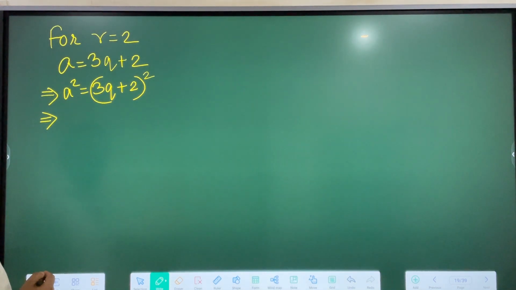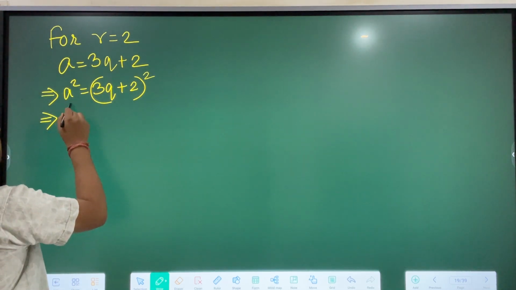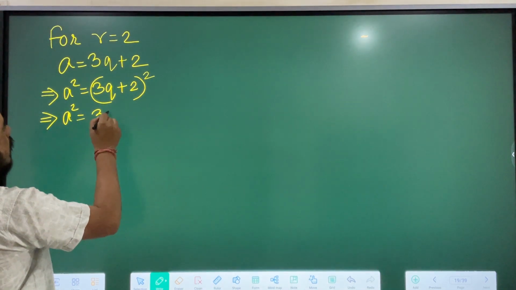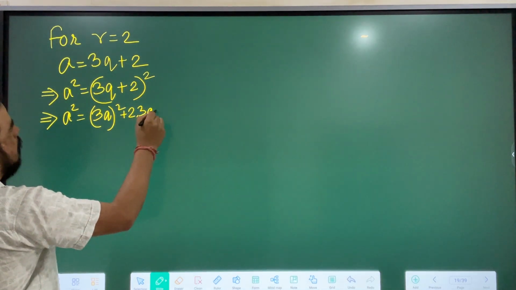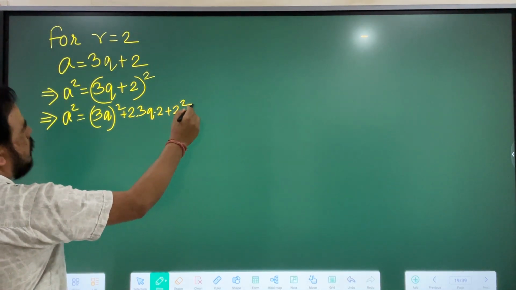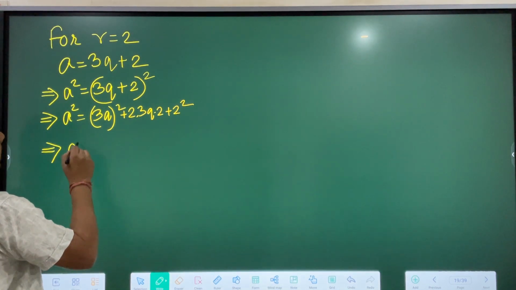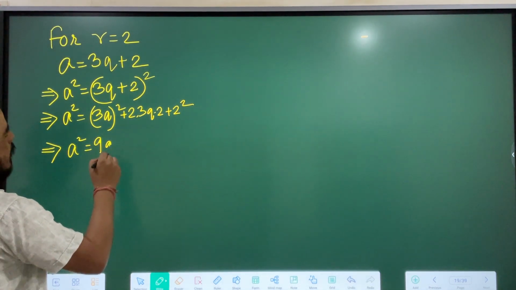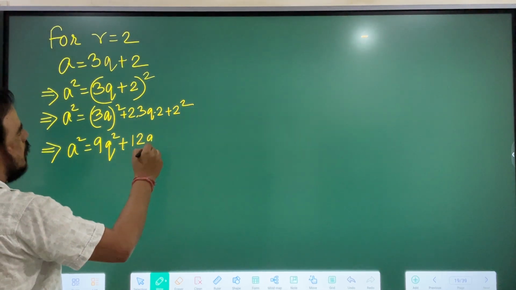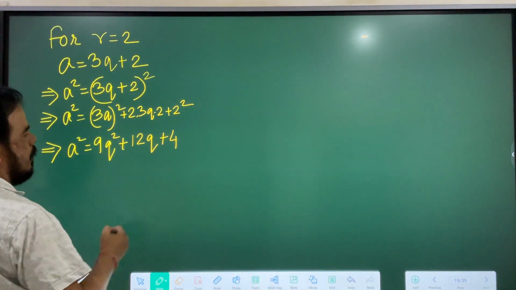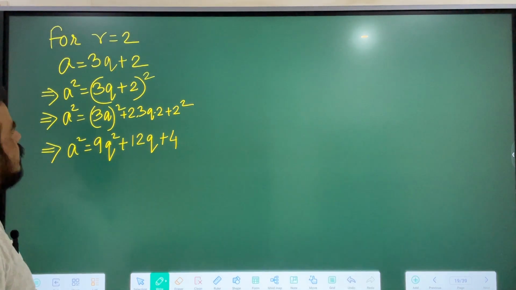Once you make a mistake in any part of the calculation, the whole sum will be wrong. A square is equal to a plus b whole square, a square plus 2ab plus b square. A square is equal to 9q square plus 12q plus 4.